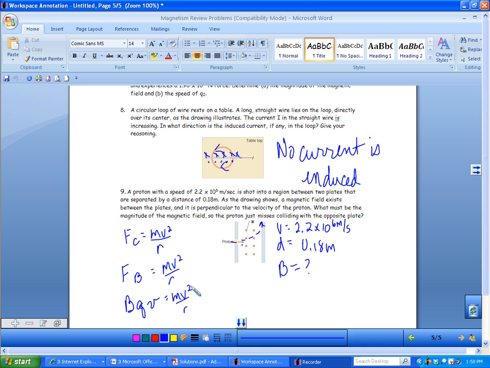They're asking me to find B, so I'm going to cancel out that V. So if I take it a little bit further, B is going to be mv over qr. So m is a proton mass, 1.67 times 10 to the negative 27 kilograms. V is my 2.2 times 10 to the 6 meters per second.